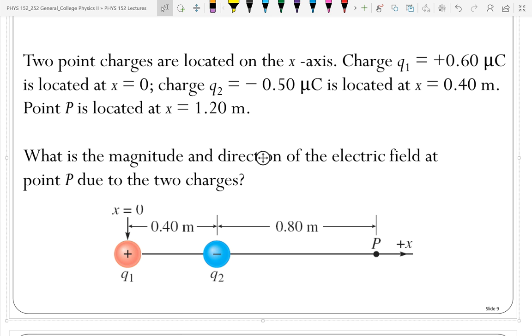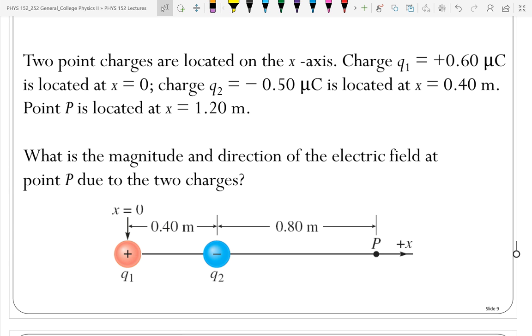So this is a simple case. Why is it simple? Well, with 2 charges, it's always a straight line relationship. And if we stay on that axis, 2 point charges, it's no vector problems. 2 point charges are located as shown. What is the magnitude and direction of the electric field at point P due to the 2 charges?